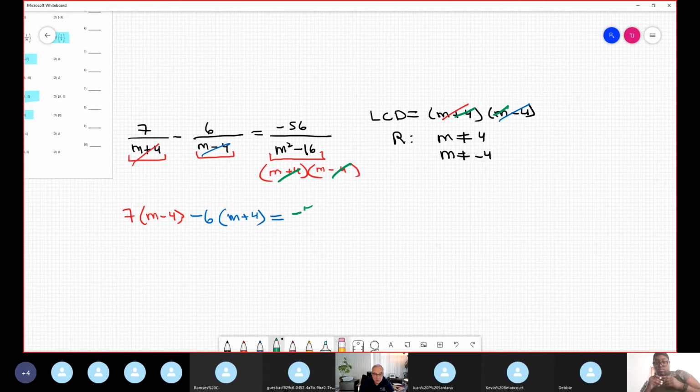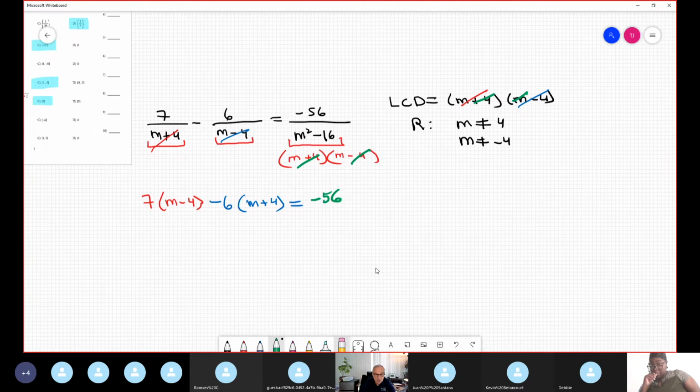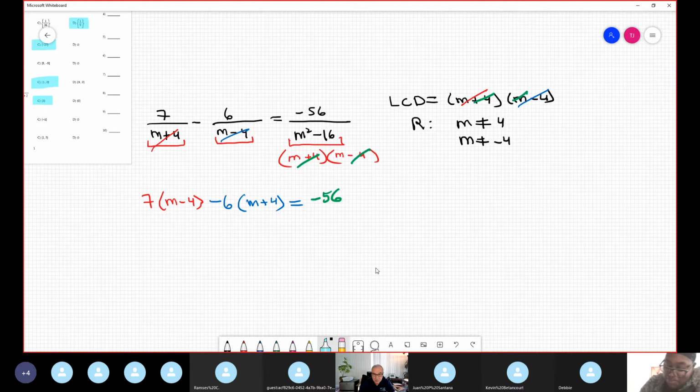Minus 56. This is my new equation, easier than the original. This equation is equivalent to the original, except in the restriction. Otherwise, it's equivalent. Now distribute the property.